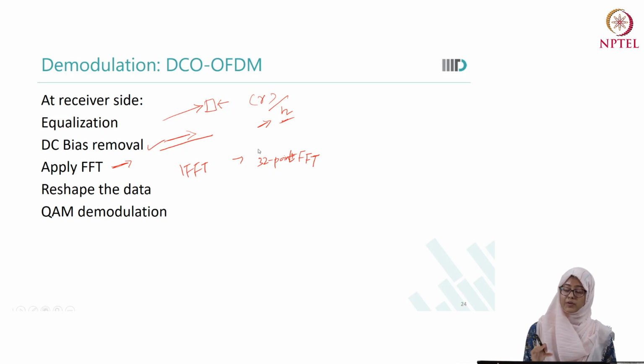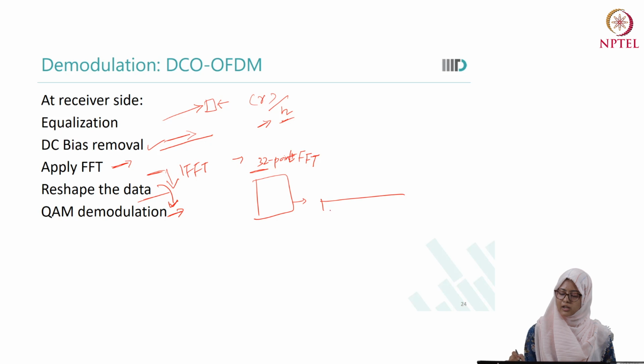After that, the whole reshaping part will happen so that the data is reshaped as per the QAM demodulation. The same thing: from 32 points, this matrix form will be converted into a vector array form which is suitable for QAM demodulation.